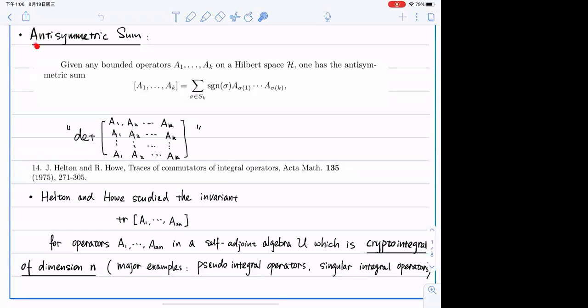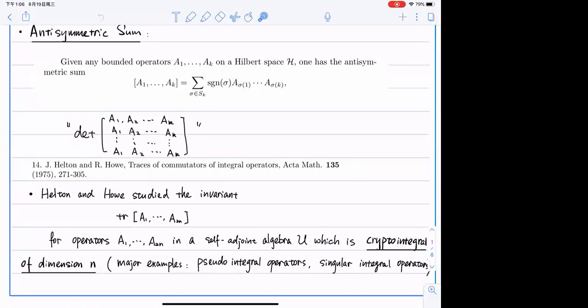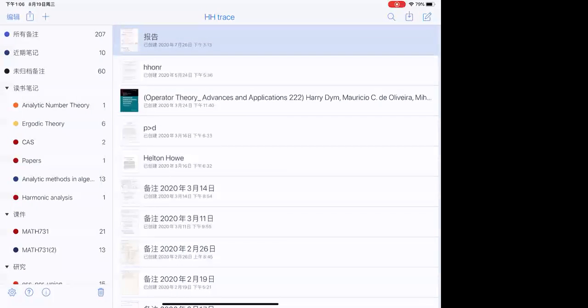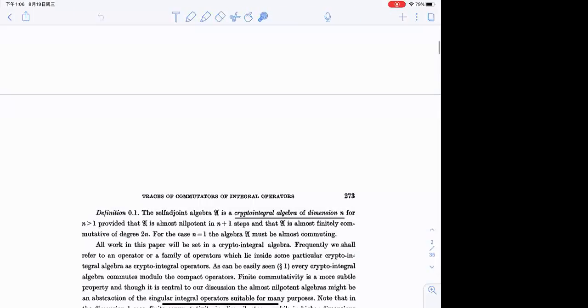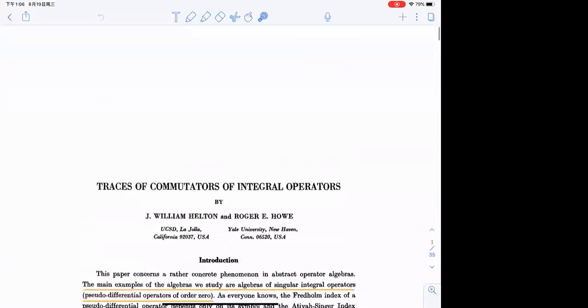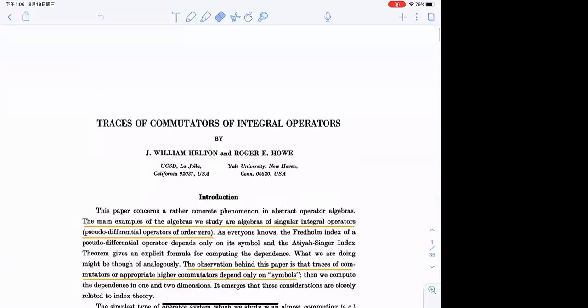This anti-symmetric sum was first raised in this paper. Since I'm already on my note, I can just go ahead and show you the paper. So this is the paper I'm talking about.